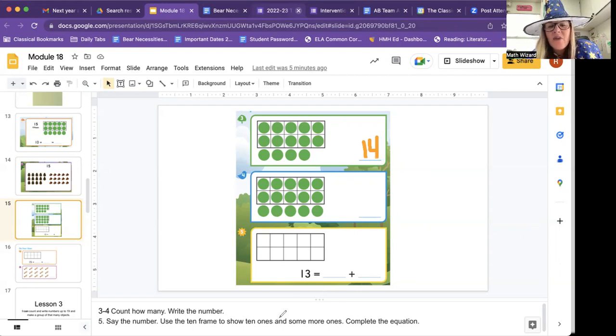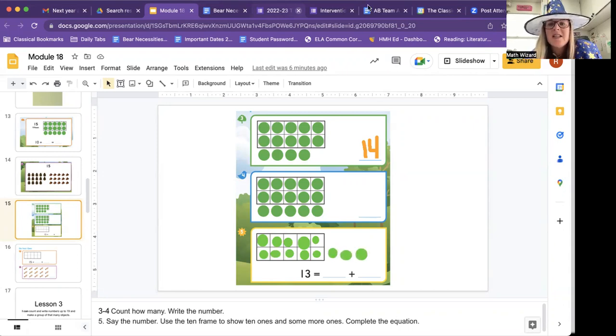13. Use a 10 frame to show 10 ones and some more ones. So what they want us to do here is draw some circles in the 10 frame to show 10 ones and some more ones. 1, 2, 3, 4, 5, 6, 7, 8, 9, 10. Let's count up as we draw more. 10, 11, 12, 13.